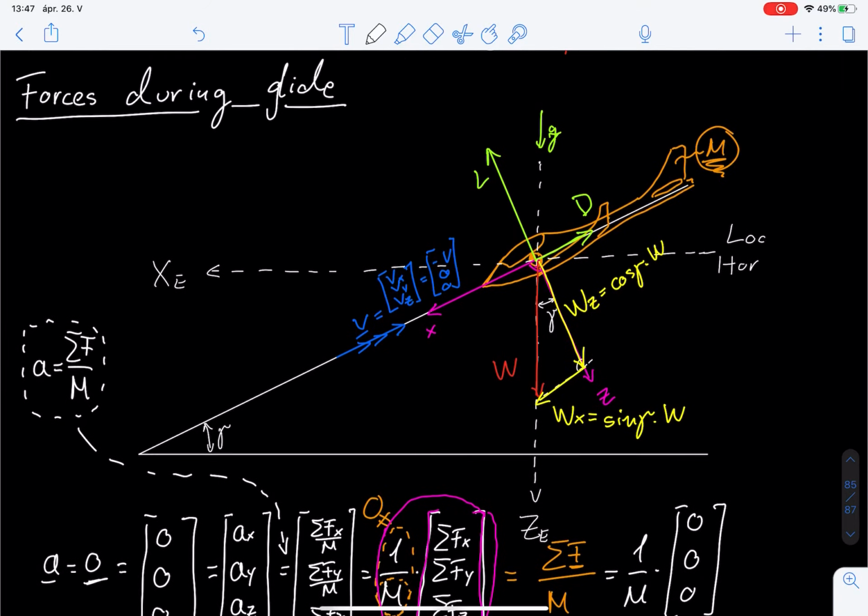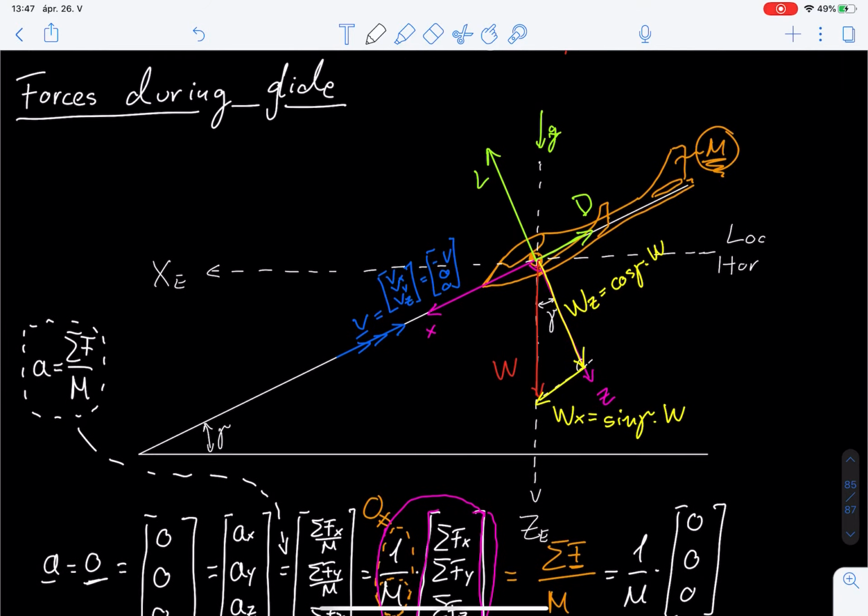So what we're going to get is that the sine of gamma equals the drag over weight, and the cosine gamma is the lift over weight. And so if we want to divide by it, we can multiply by the inverse of the fraction, right? So we're going to multiply it by weight over lift. And so what we can see is that we can simplify with the weight, and what we're left with is the drag over lift, right?